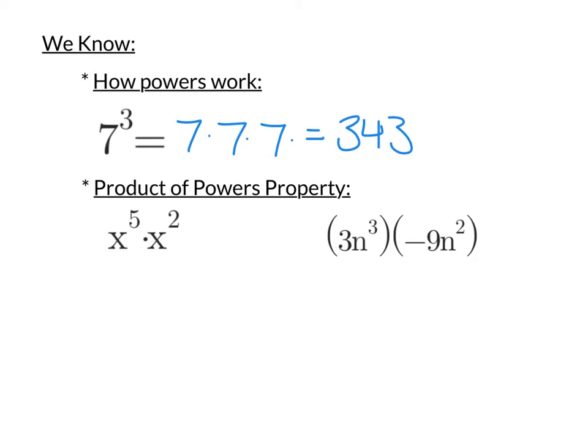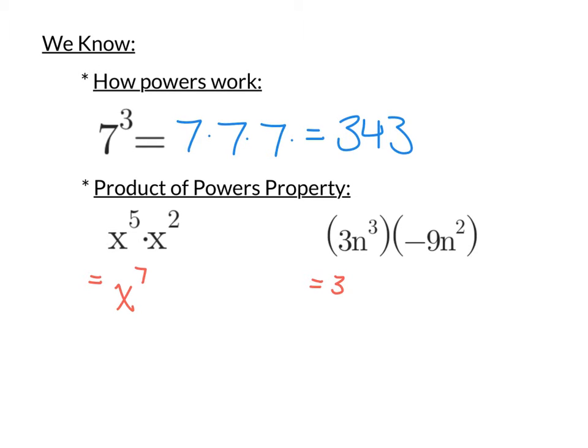And we also took a look at the product of powers, and we saw that if we were multiplying two powers together, we took those exponents 5 and 2 and added them. So we would have x to the 7th power. If we had a product like this, remember that we're multiplying through, everything's getting multiplied.